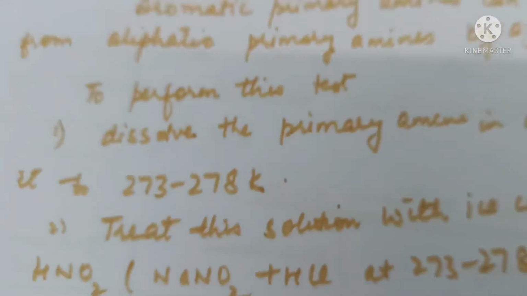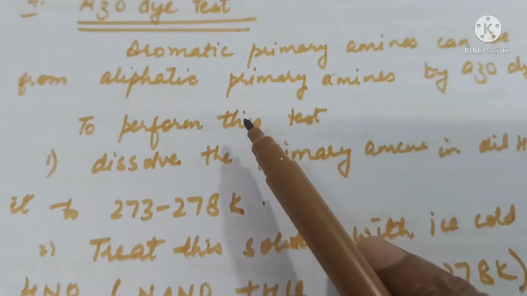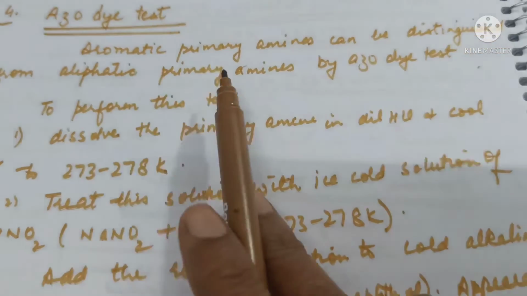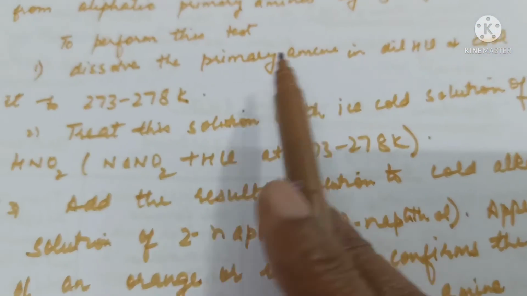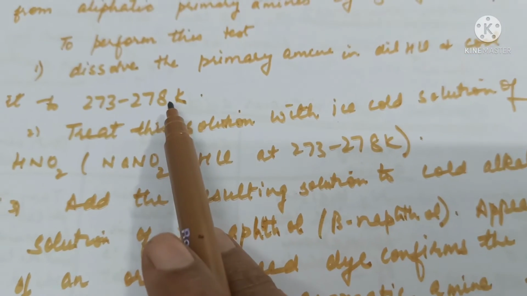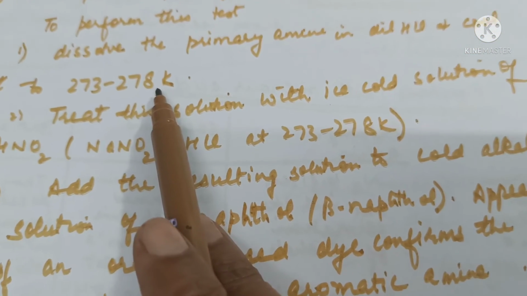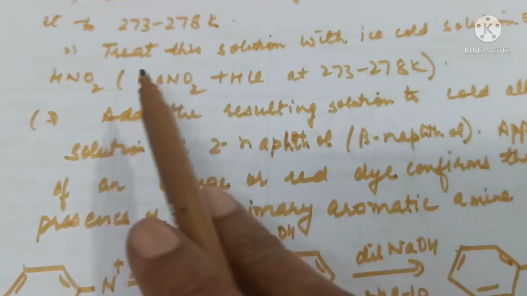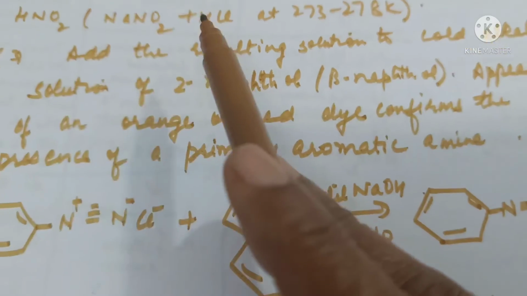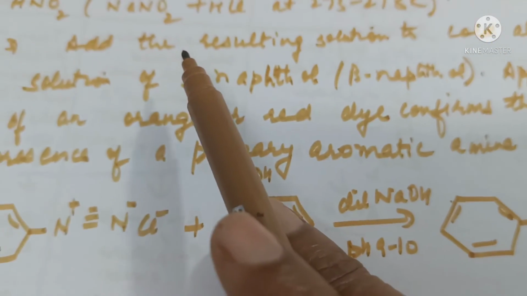Azo dye test. Aromatic primary amines can be distinguished from aliphatic amines by azo dye test. To perform this test, dissolve the primary amine in dilute HCl and cool to 273 to 278 Kelvin. Then treat this solution with ice cold solution of nitrous acid. The benzene diazonium chloride is formed.